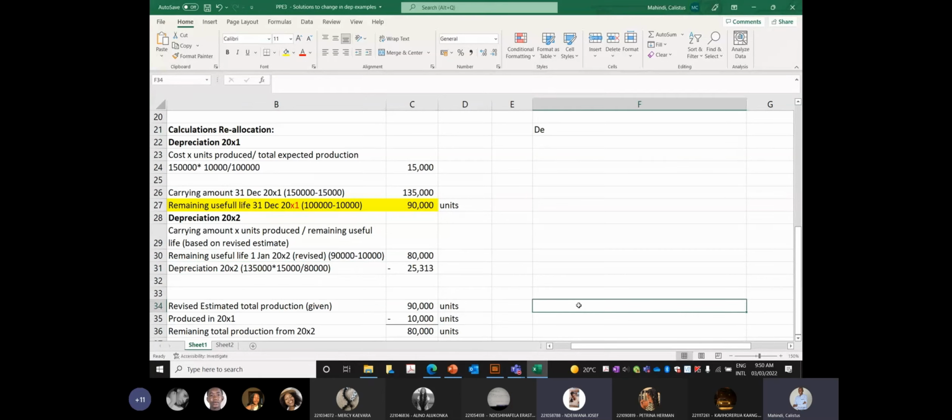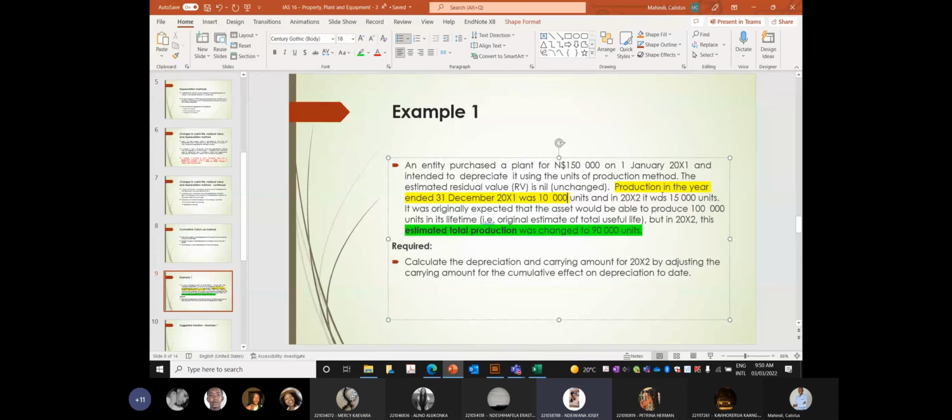Let me highlight this in red. I'll read the whole sentence. Production in the year ended 31 December 20X1 was 10,000 units. And in 20X2, it was 15,000 units.